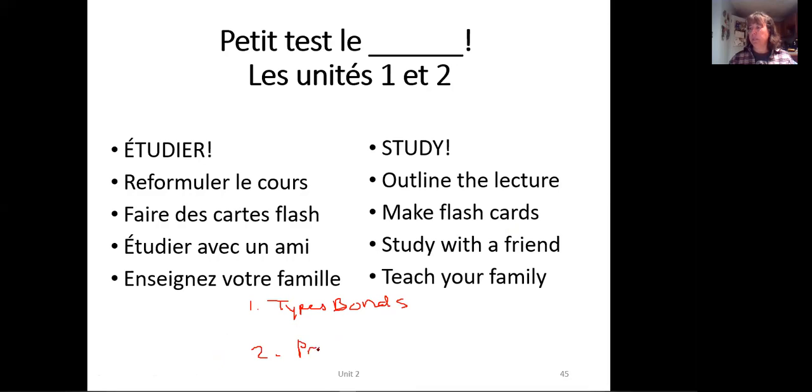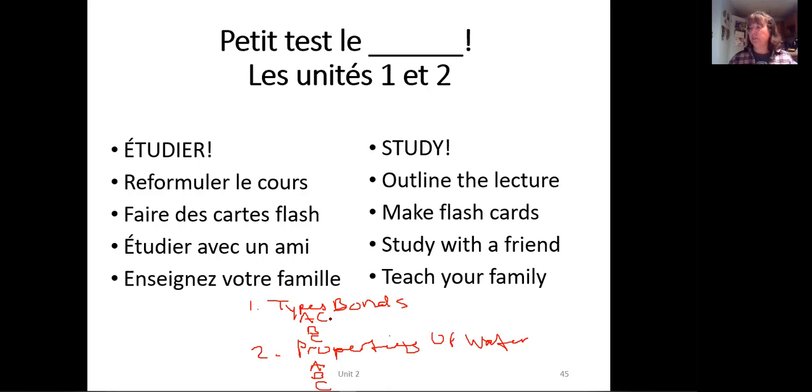So look for the big subjects. Properties of water. Do that for the entire lecture. Then underneath types of bonds, list them all. Use letters. We don't necessarily need to write out sentences.